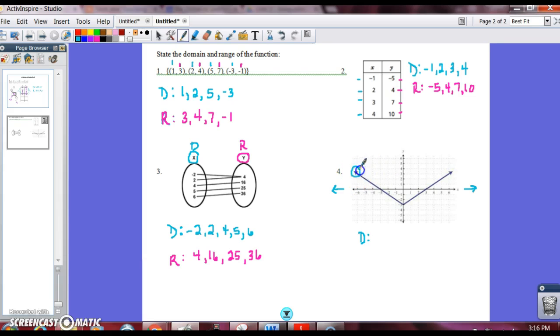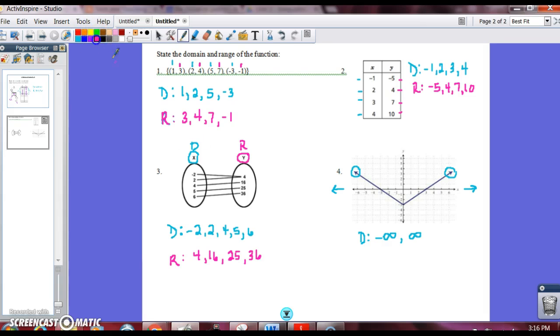Because there's an arrow on the end, I know that my graph goes on forever and ever in the negative x direction, and it goes on forever and ever in the positive x direction. So my graph goes from negative infinity to positive infinity. Okay, my graph goes from negative infinity to positive infinity.